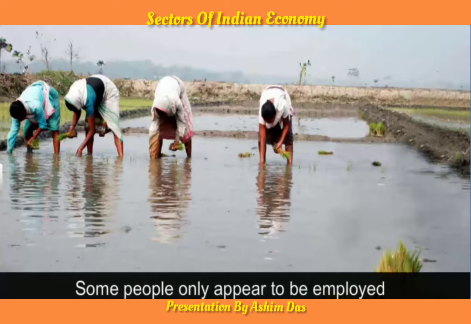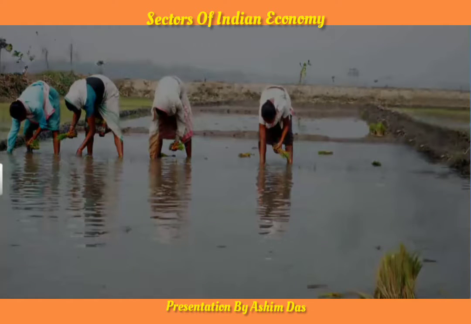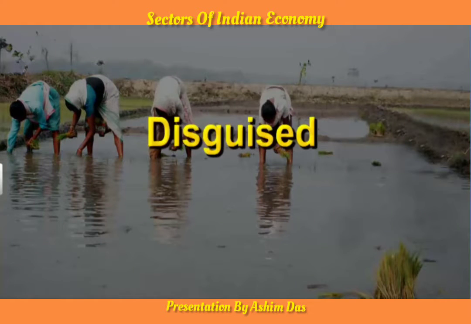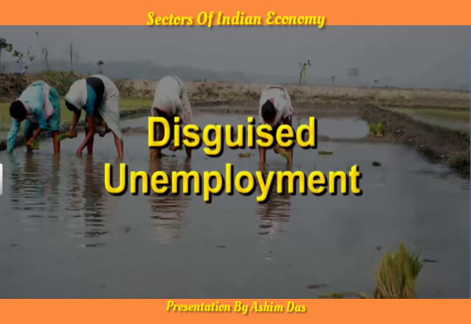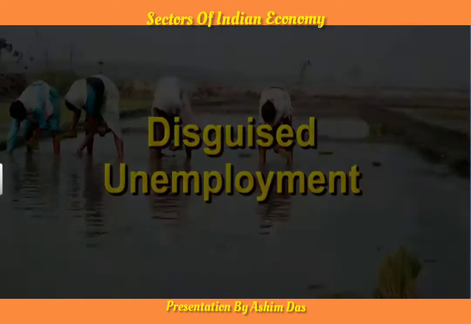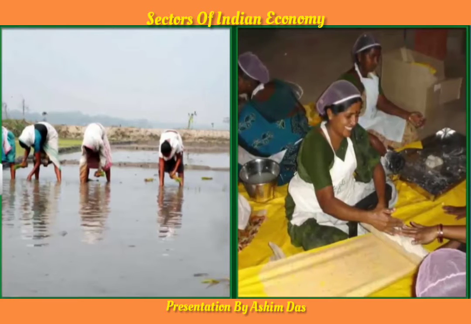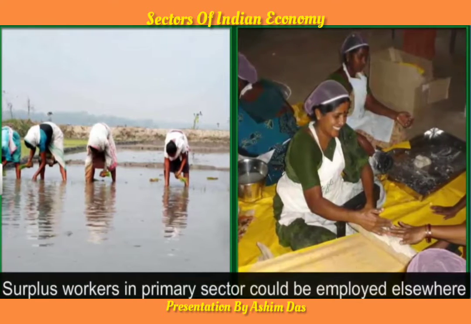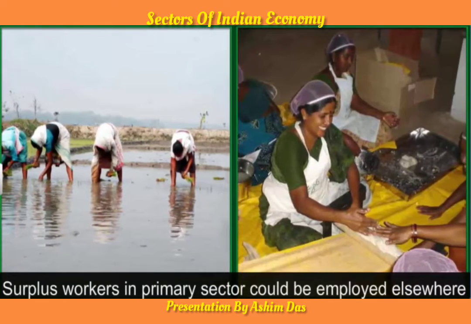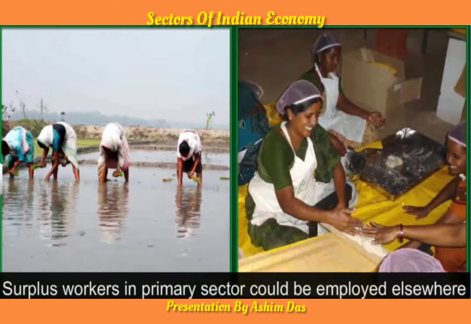This is called underemployment or disguised unemployment. Given an opportunity, the surplus workers could be employed at some place else, where they could work to their full capacity and increase their family's income.